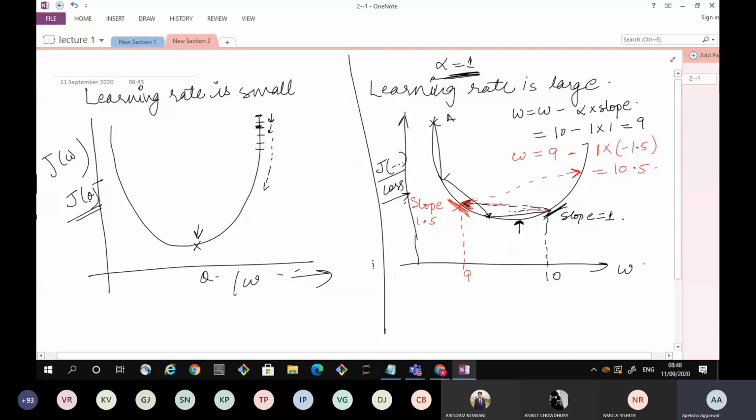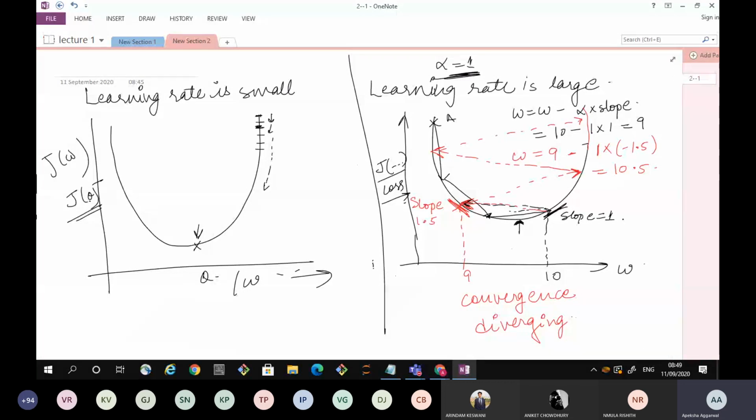So instead of reaching this optima, it is diverging. Instead of convergence, it is diverging. We should not set the learning rate so large that it keeps on diverging. So this is the overall idea. What is happening here is that it is oscillating so much, from point A to B, somewhere.